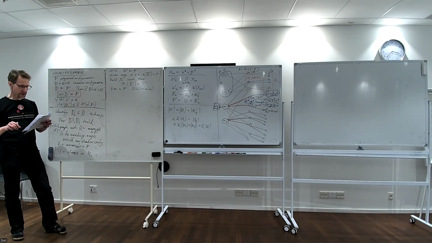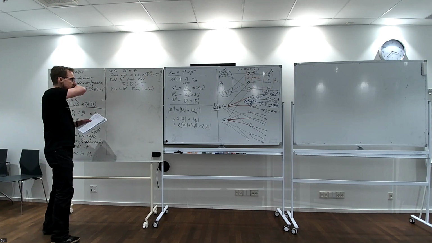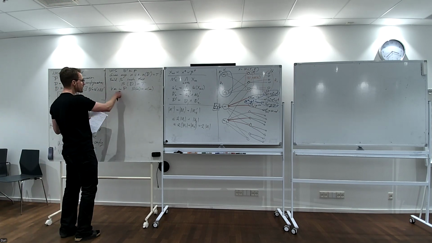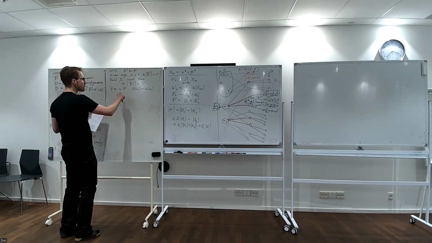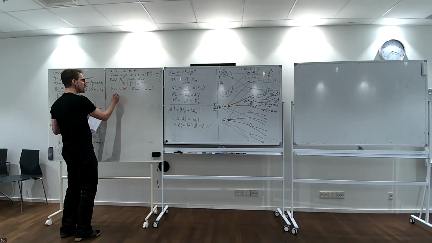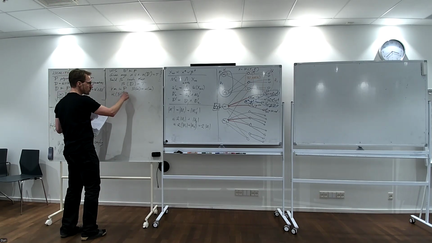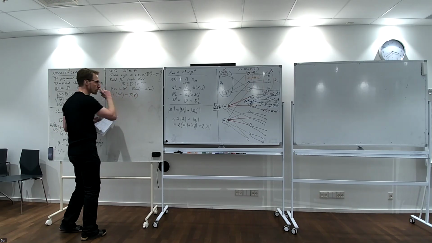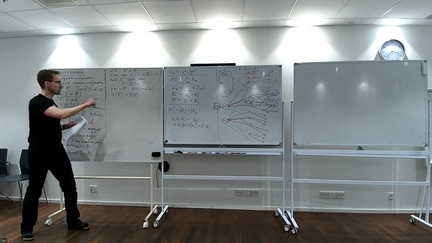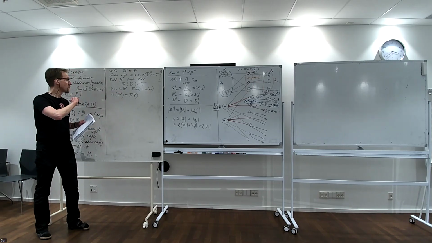Then I claim that in that case, since alpha and beta agree even on a monomial level, then definitely they assign the same truth value to all the polynomials in P. Yes?